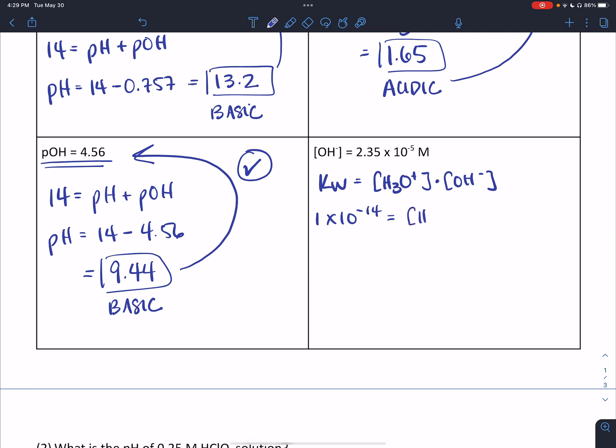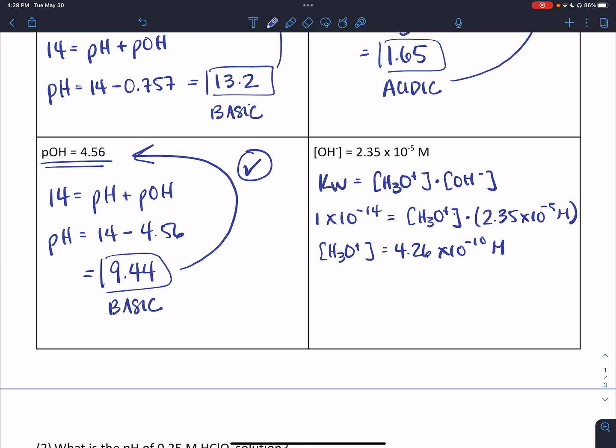So that's going to be equal to H3O plus times 2.35 times 10 to the negative 5th molar. So I'm going to divide that 2.35 over. And what I find is that the concentration of H3O plus is equal to 4.26 times 10 to the negative 10th molar. Now that's a pretty small number.